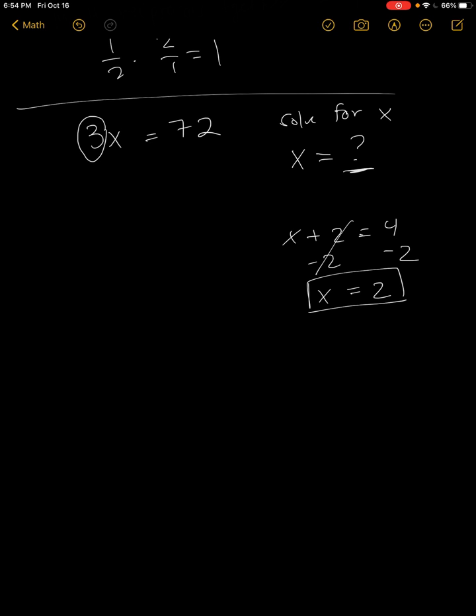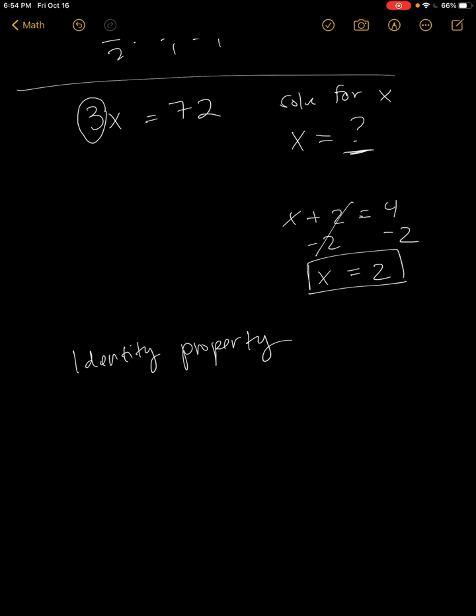So do you remember the identity property? The identity property is, any number times 1 is equal to the number. So that would be like 5 times 1. 5 times 1 equals 5.